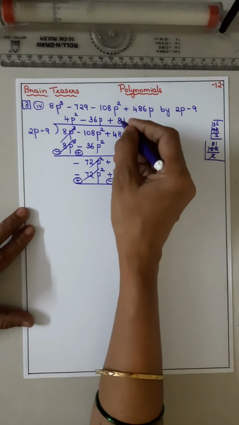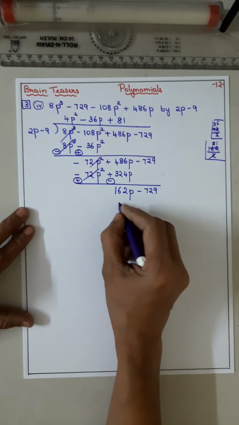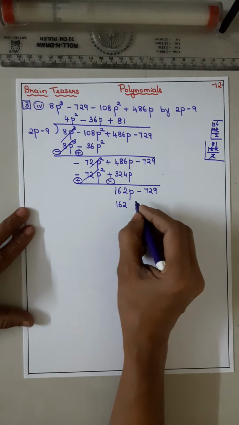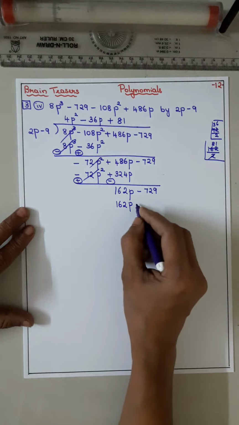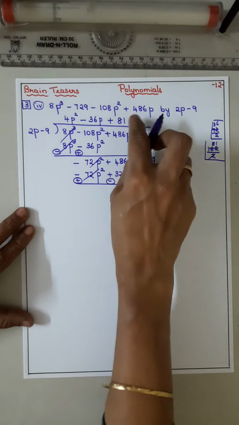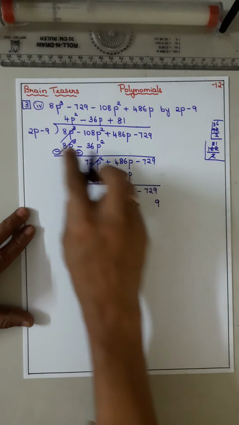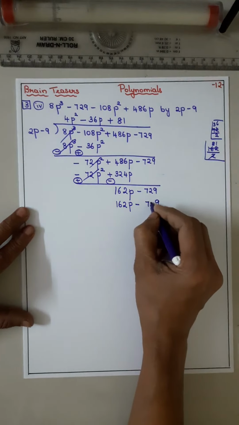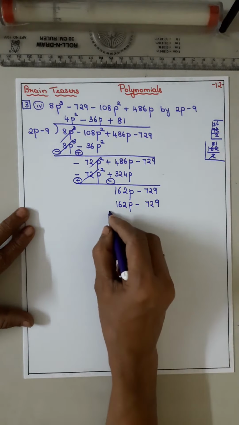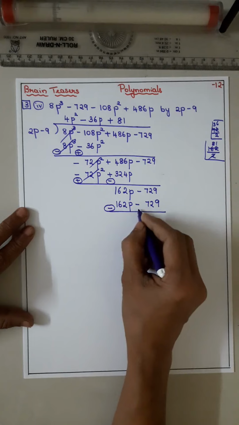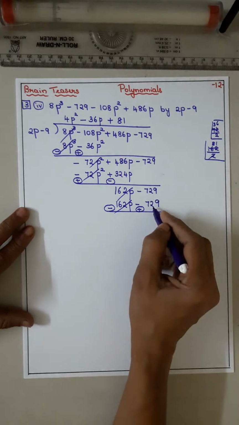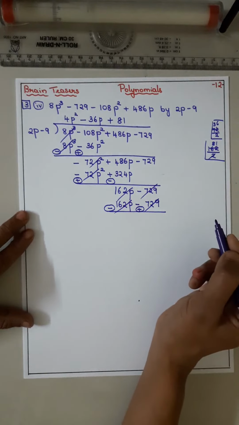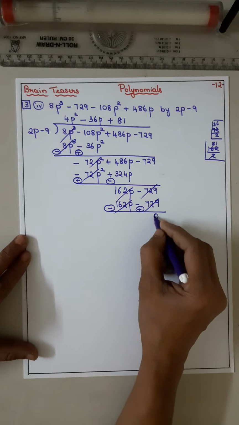Okay, so 81 times 2 is 162 and this p, plus minus minus, 9 ones are 9, 9 eights are 72. Now change the sign. The p ones get cancelled, this one also. Plus and minus, same number.